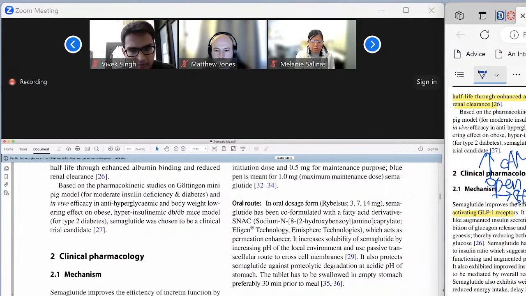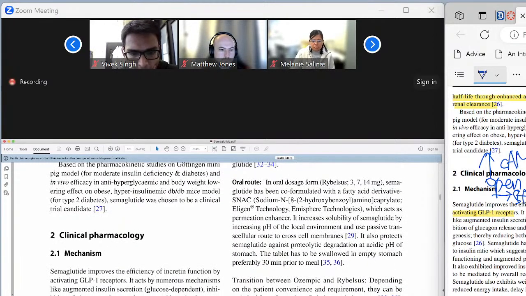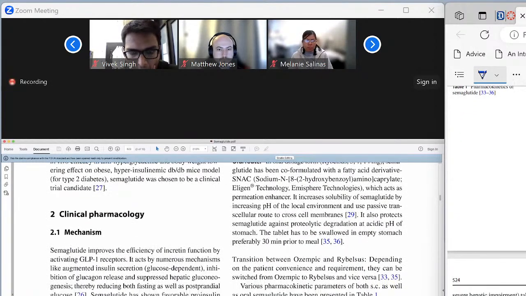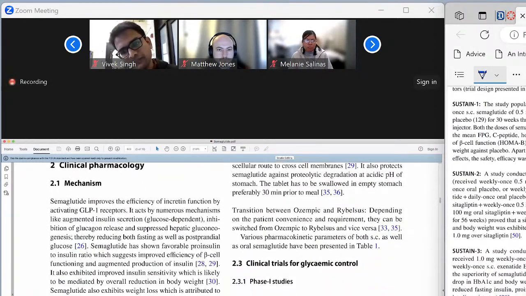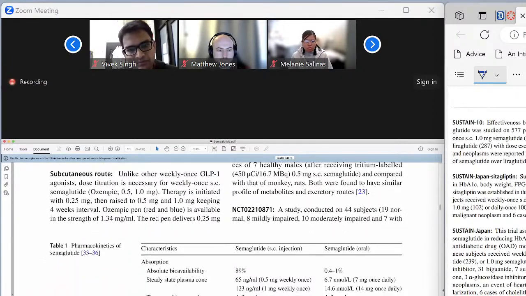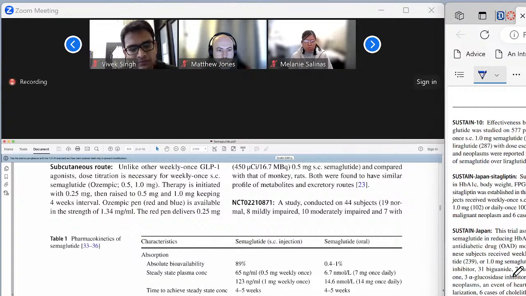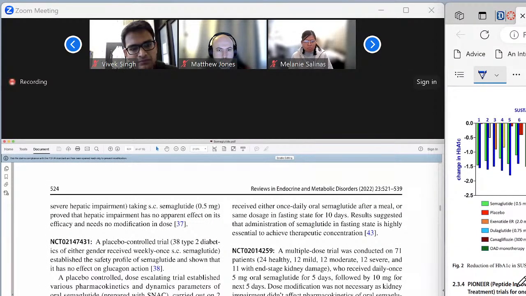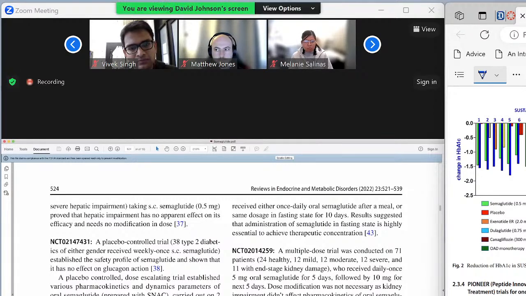A lot of this paper just essentially reviewed different clinical studies, phase 1, phase 2, and phase 3. Just by way of review, can anyone tell me what a phase 1 clinical study is?